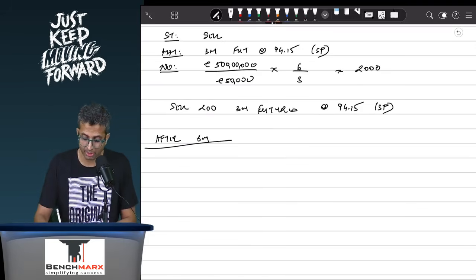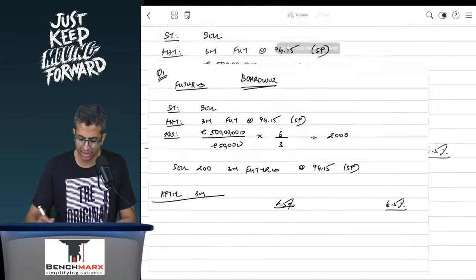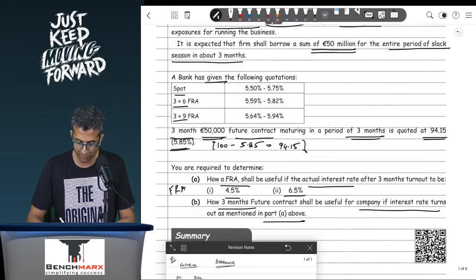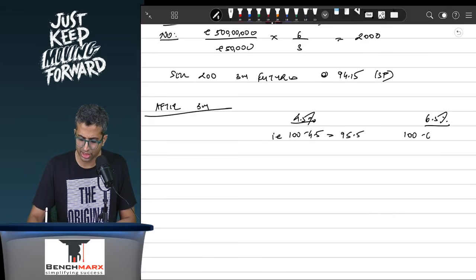Under net settlement, let us say the rate is 4.5%, or in the second case the rate is, I think, 6.5%. Let me just verify this. So the rate is either 4.5 or 6.5, but when I look at bond prices, that is 100 minus 4.5, which effectively comes to 95.5, or 100 minus 6.5, which effectively comes to 93.5.